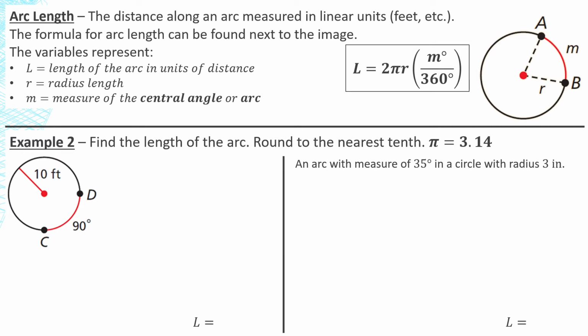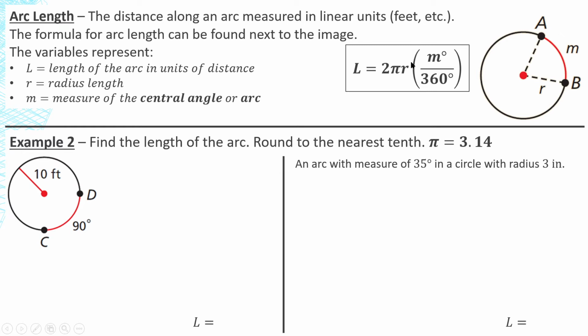So we have the formula right here, 2 pi r multiplied by m over 360. Notice I mentioned the word circumference, 2 pi r. Isn't that the formula for circumference? If we ignore the m over 360, this gives us 2 pi r, the whole circumference, right? That's important to note to understand why this formula works the way that it does.